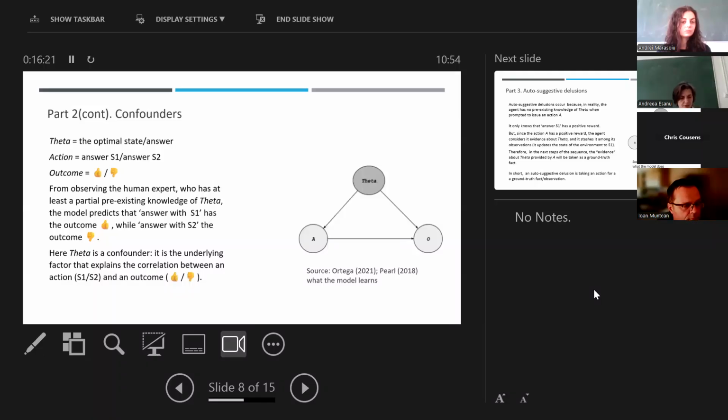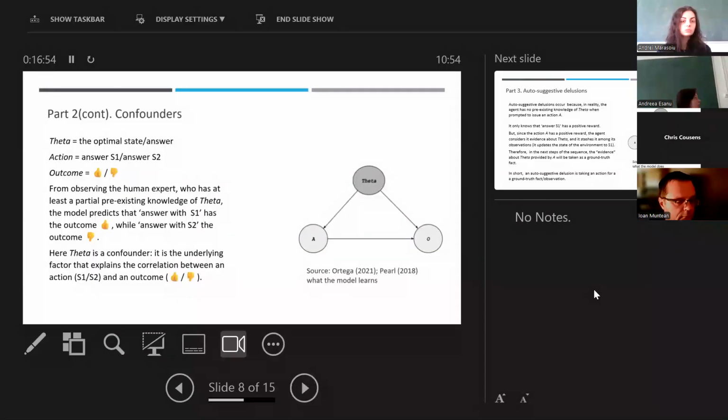Okay, what is even more interesting here is that in this learning process, in which the agent observes the expert, theta is a confounder. That is, simply said, the underlying factor that explains the correlation that the agent sees between an action, S1 or S2, to the outcome okay and not okay. And this is how it learns the reward.